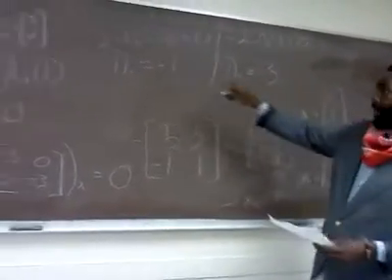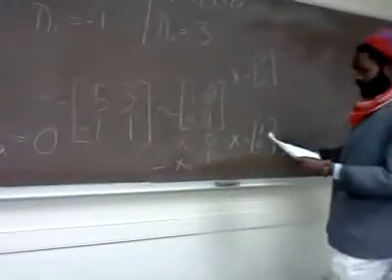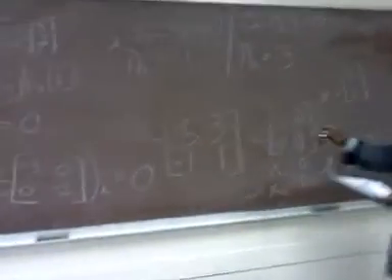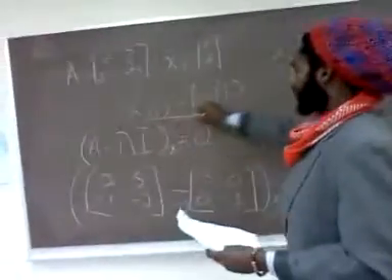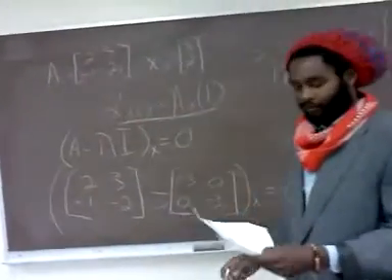Now that we have our eigenvalues and our eigenvectors, we can proceed to solve for x prime, because remember, that's what the original problem was asking us to do.